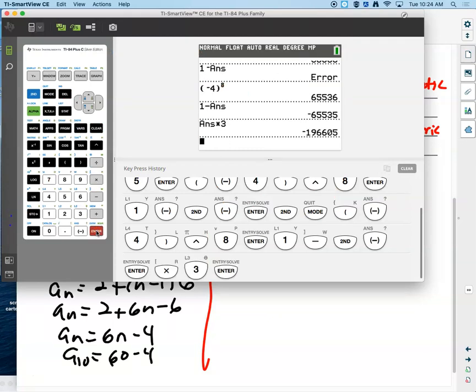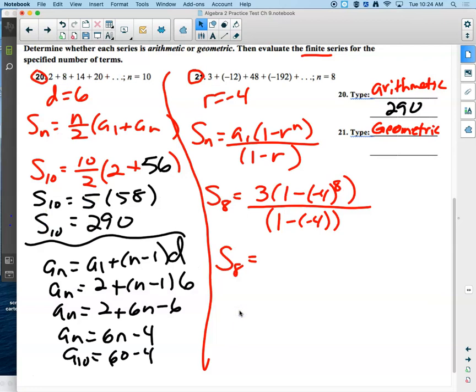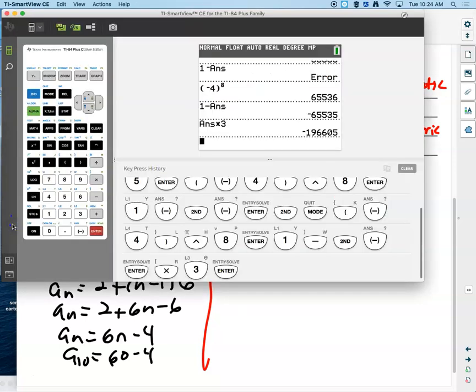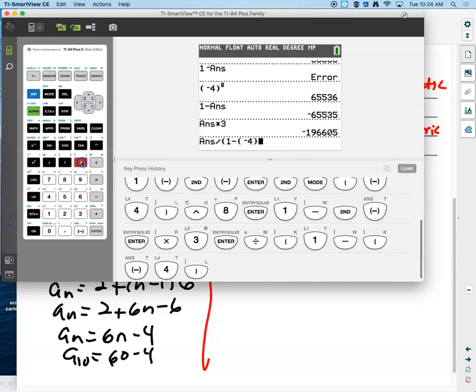And then, like I said, if you don't want to figure out that 1 minus a -4 is 5, you wouldn't have to do that, but you're going to have a lot of parentheses. There's the answer. -39,321.